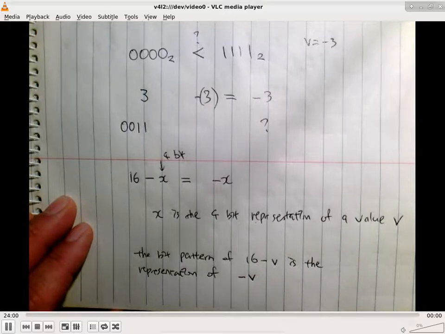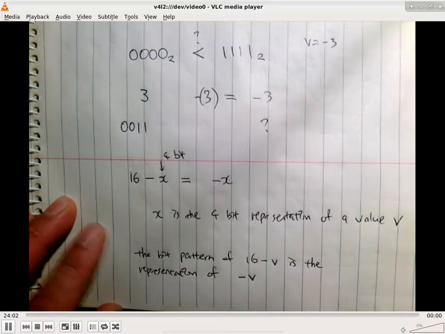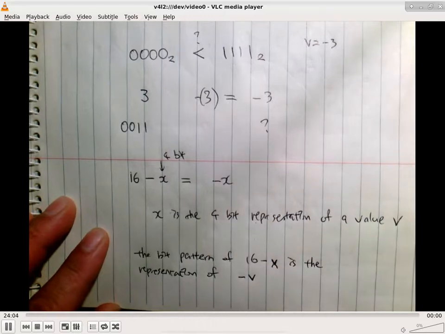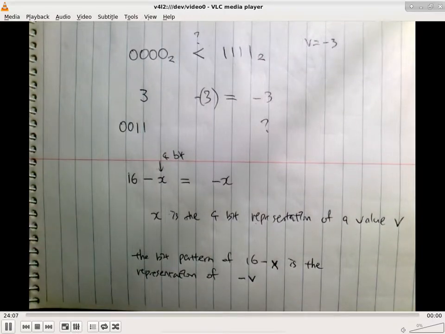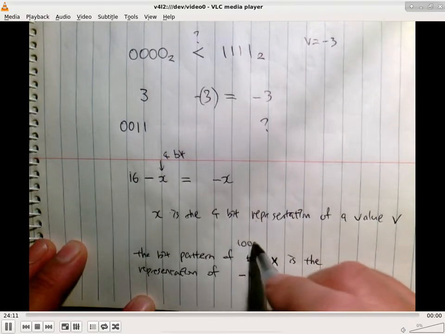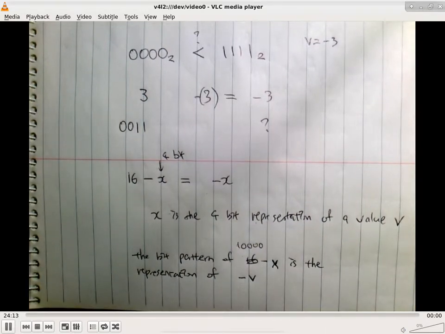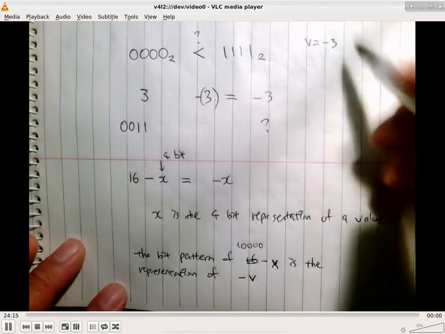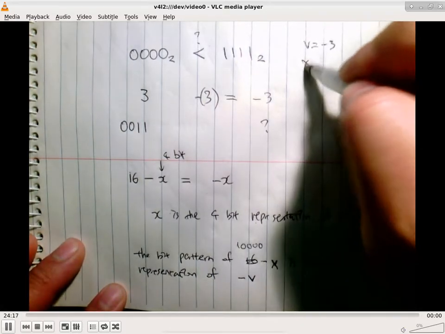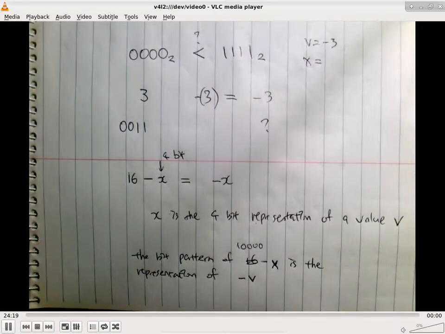That won't work. This has to be the x here, sorry. So it has to be the binary subtraction of x from 16, which is 1, 0, 0, 0, 0. There we go. This will work because when v is -3, what is x? What is the binary representation of -3?